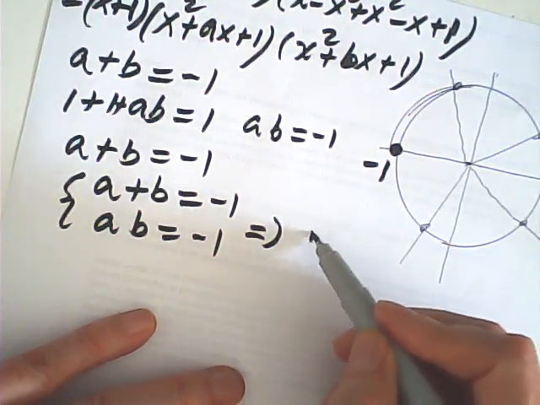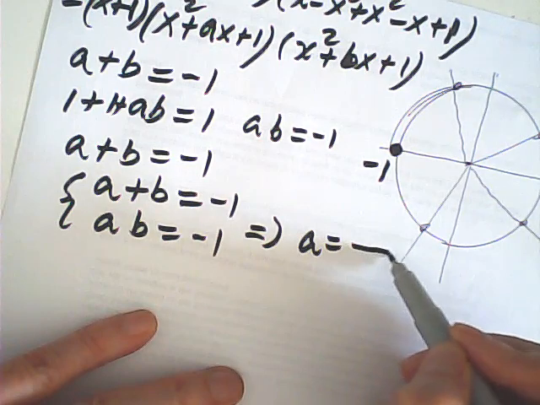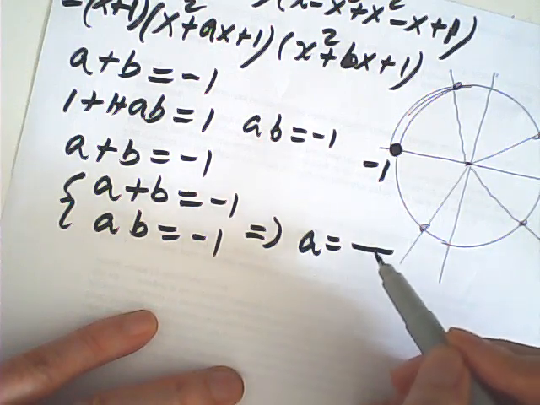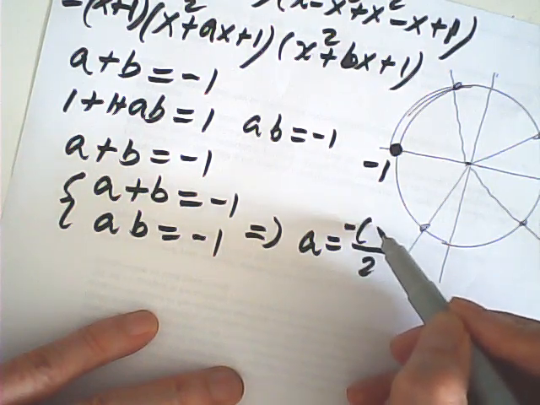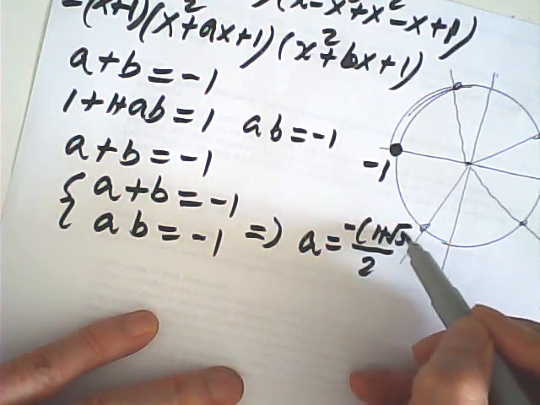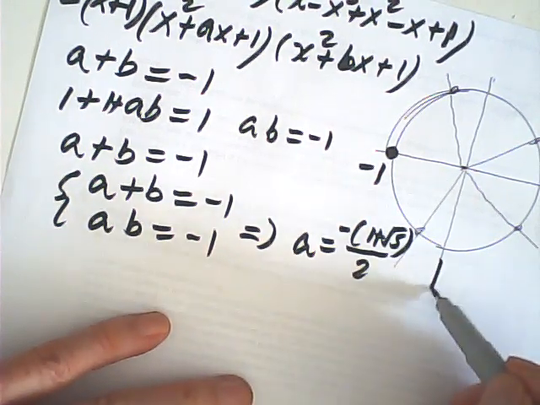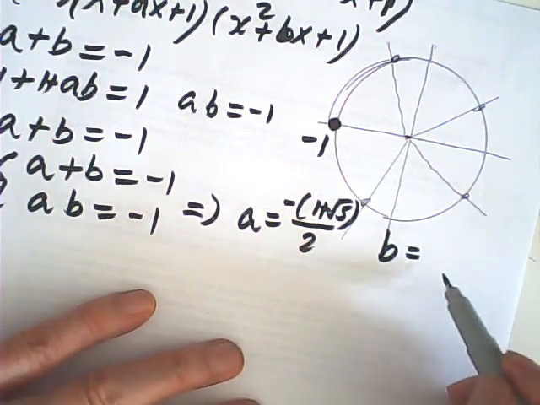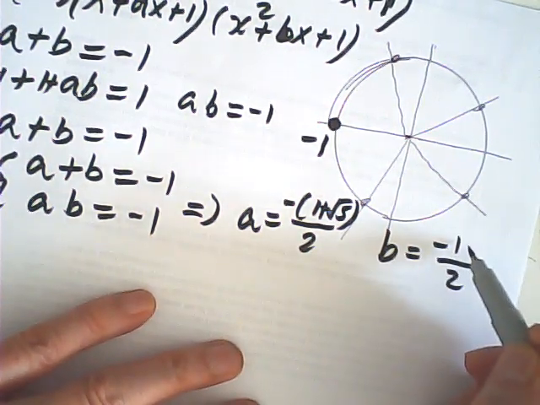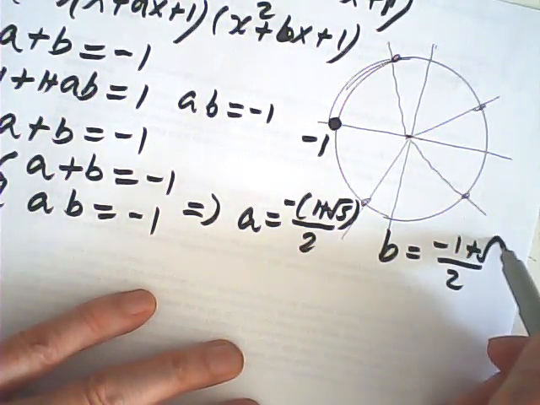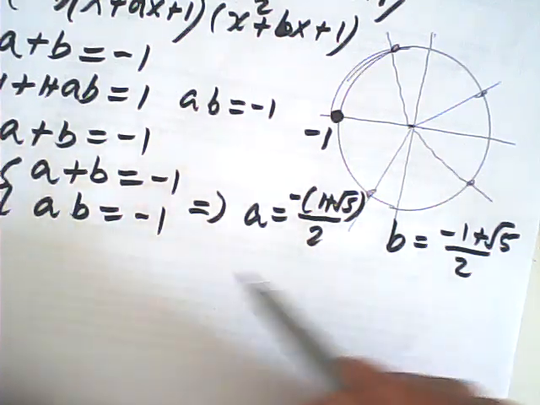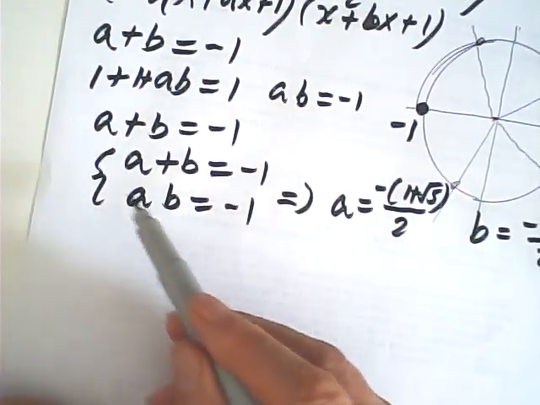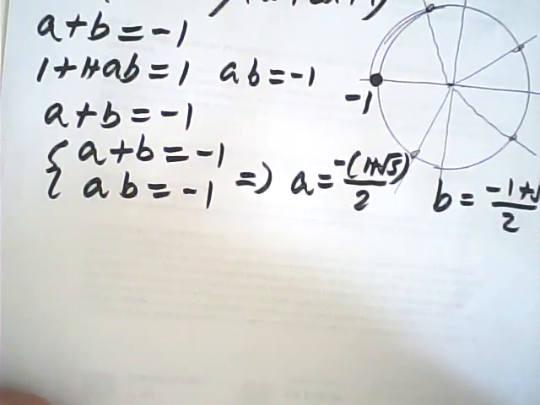Right, a is equal to (1 plus root 5) over 2 negative, b is equal to negative 1 plus. Well, I think it's easy to find these a, b from the simultaneous equations, right?